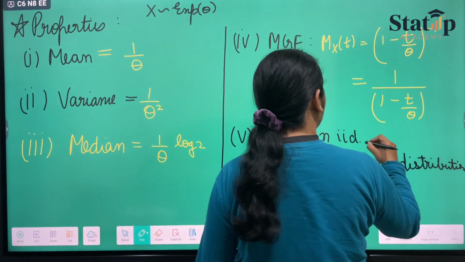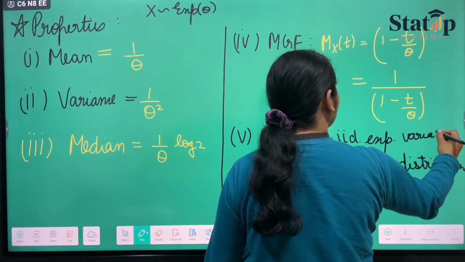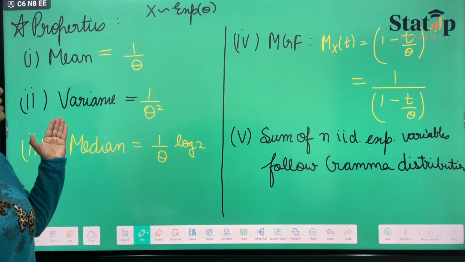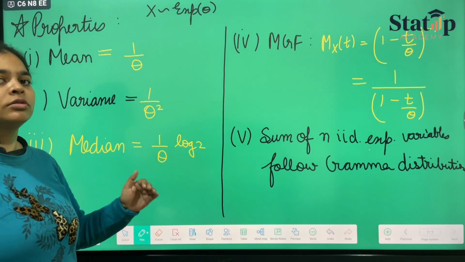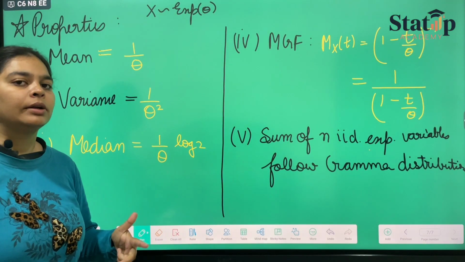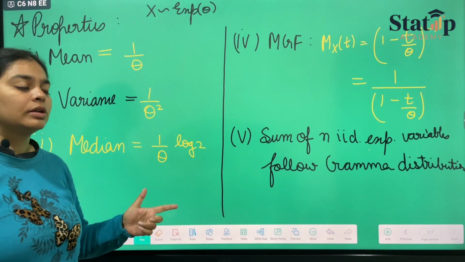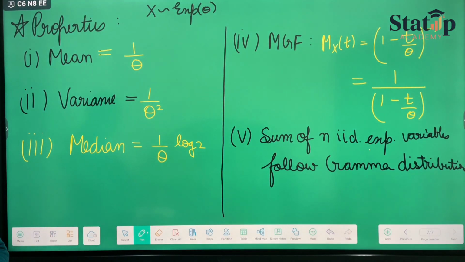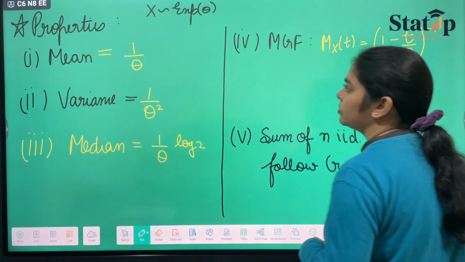Suppose there is a family of variables x1, x2, x3 up till xn, all following exponential theta 1, theta 2, up to theta n respectively. When we sum all of them, that distribution will be a gamma distribution. So these were the important properties of our distribution.